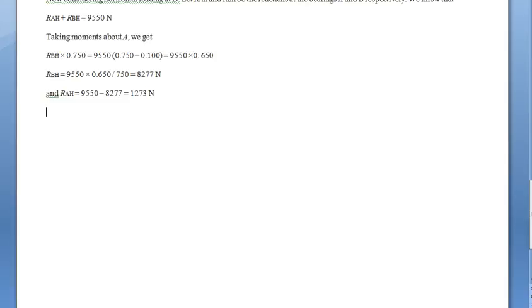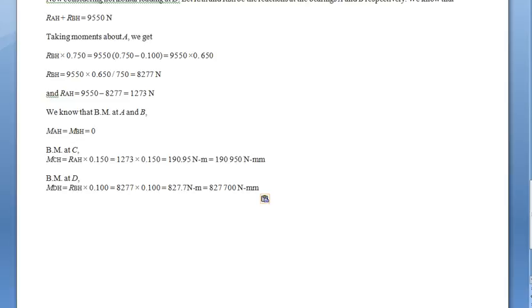So the value we obtained for RBH, the horizontal reaction at B, is 8277 Newton. By substituting this value in the above equation, we get the horizontal reaction at A, which is 1273 Newton.